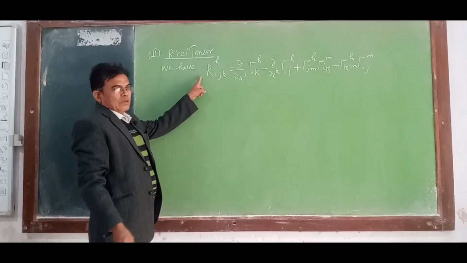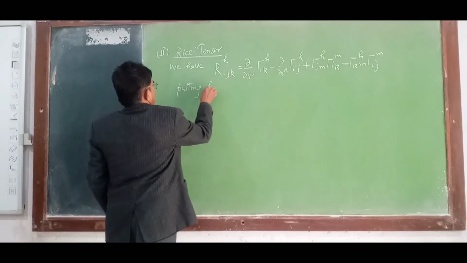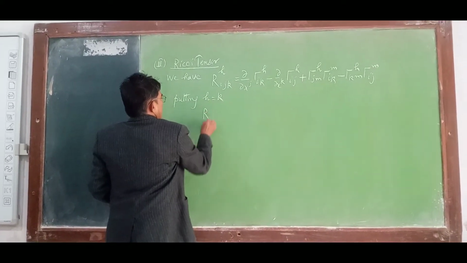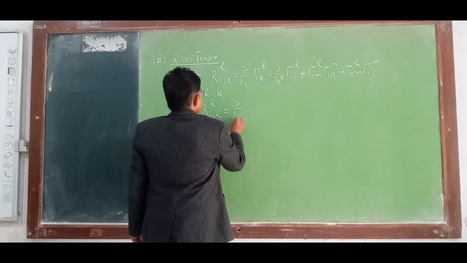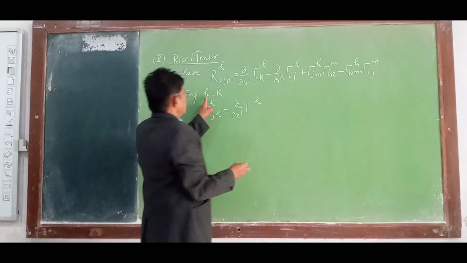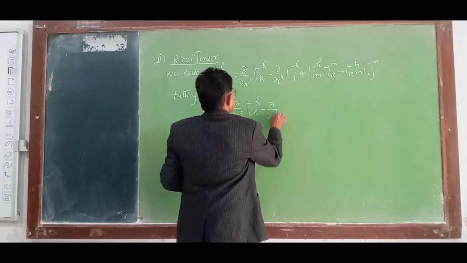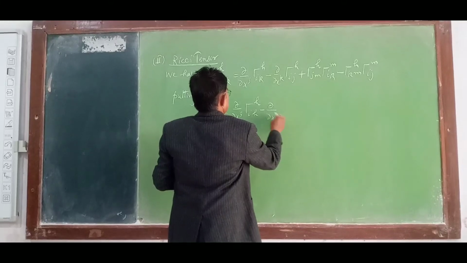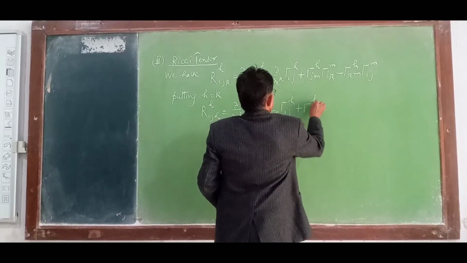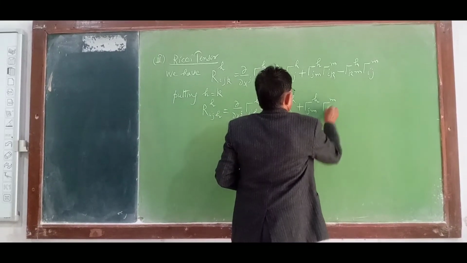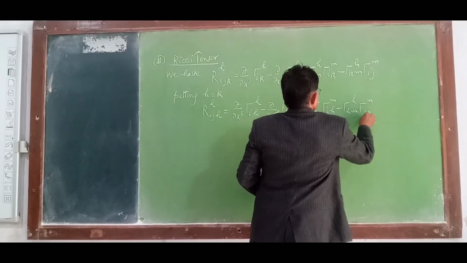So how do we get the Ricci tensor? By putting h equal to k, we get R^h_{ijh} equal to ∂/∂x^j of Γ^h_{ih}, with h equal to k, minus ∂/∂x^h of Γ^h_{ij}, plus Γ^h_{jm} Γ^m_{ih} minus Γ^h_{hm} Γ^m_{ij}.